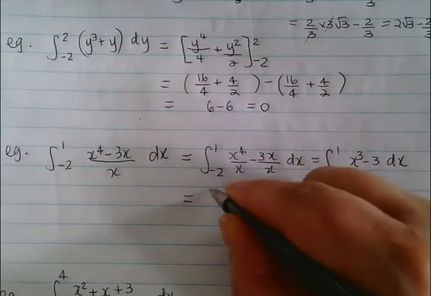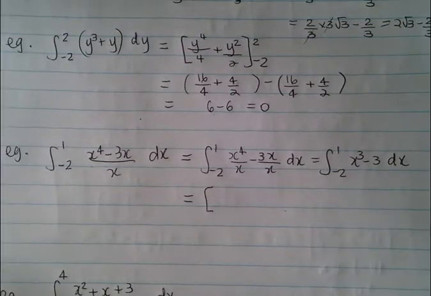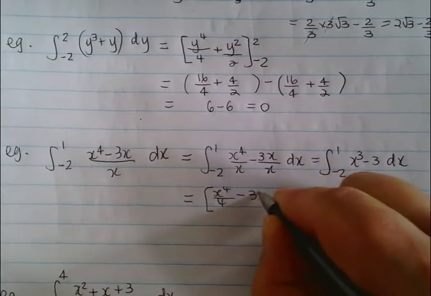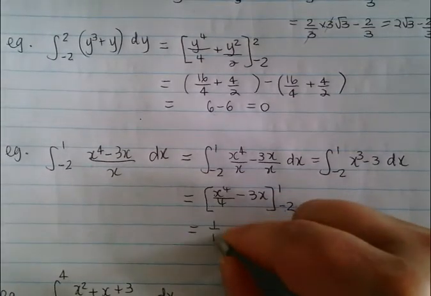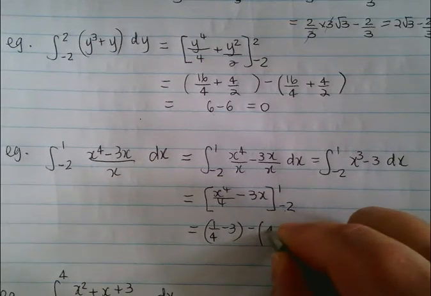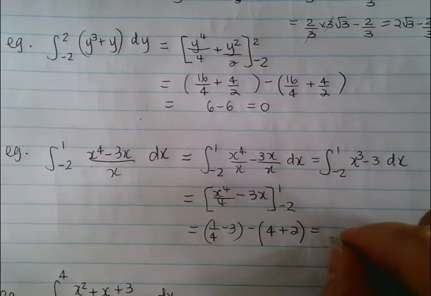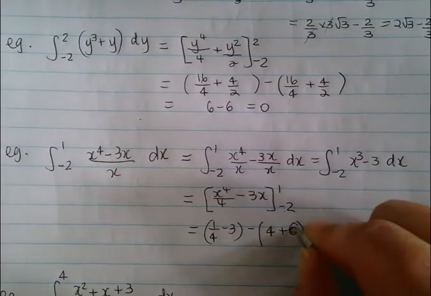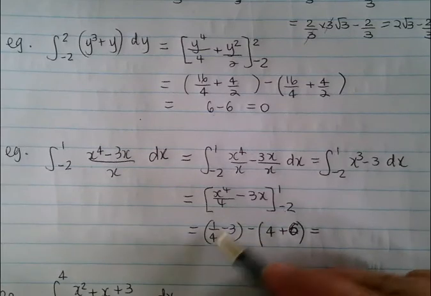All right, so what do we do here? All good? So what do you get now? X to the power of 4 on 4 minus 3x, substituting in the values of 1 and negative 2, a quarter minus 3 minus 4 plus 2, sorry, 4 plus 6, so this is 10 minus, oh, sorry, negative 10.